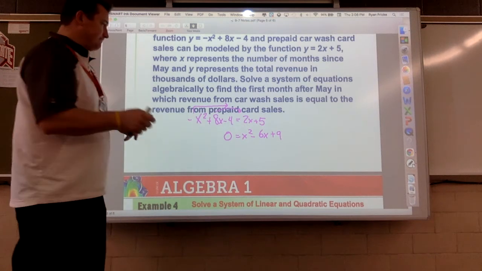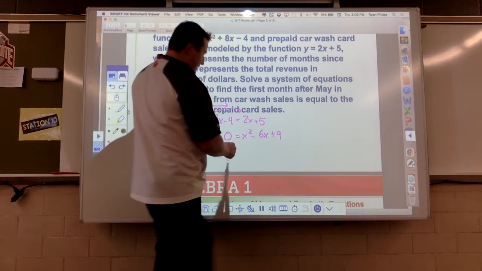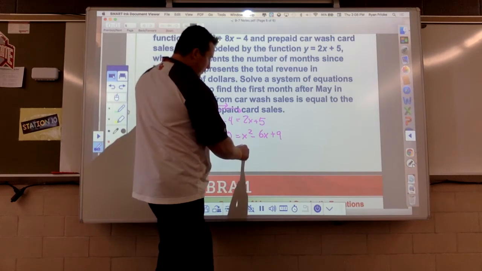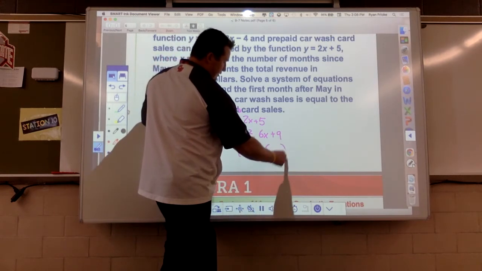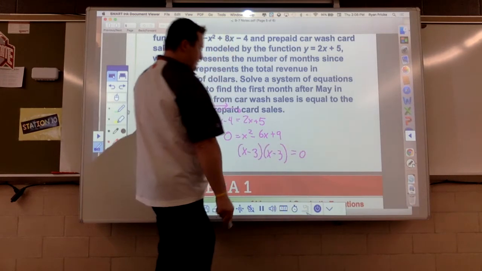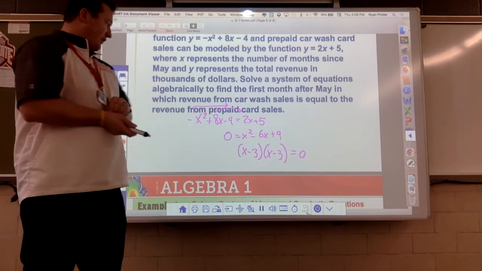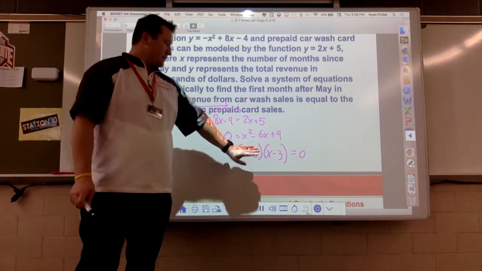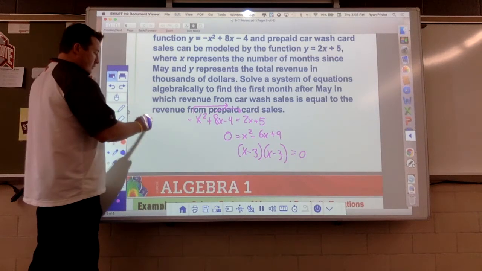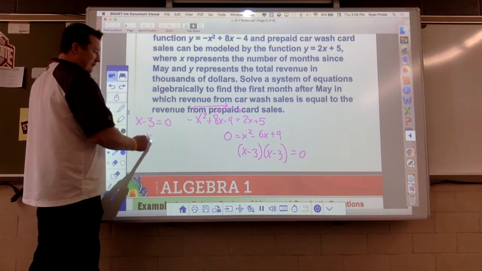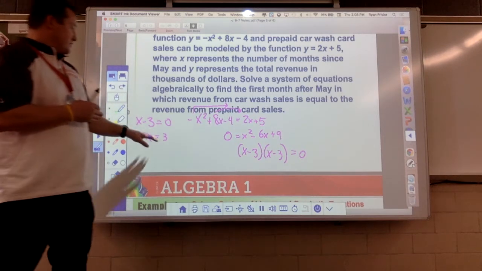So we would factor this into x minus 3 and x minus 3, equals 0. If you don't believe me, go ahead and FOIL that. It'll work. Zero product property: set each expression equal to zero. In this case, I really only have one expression because they're both going to give me the same answer.